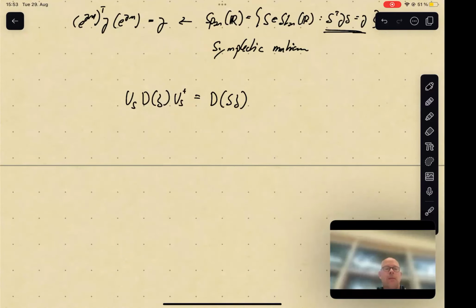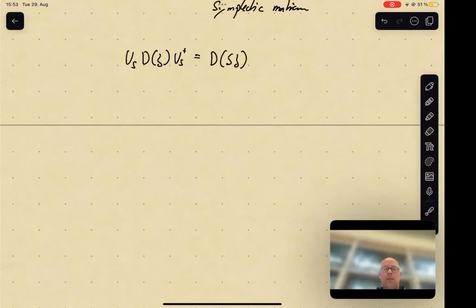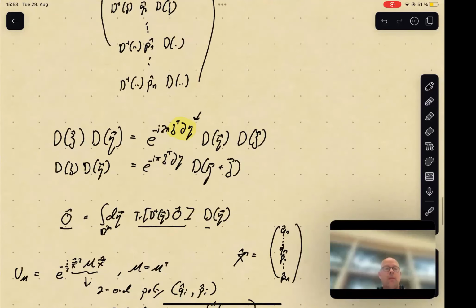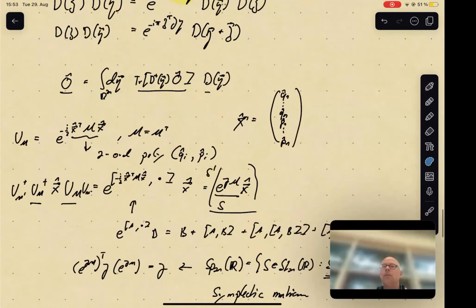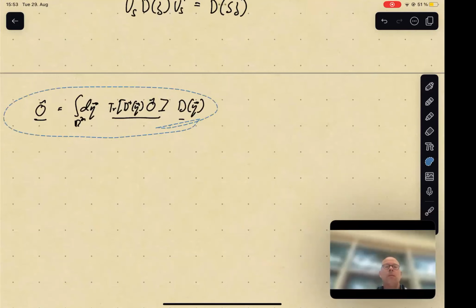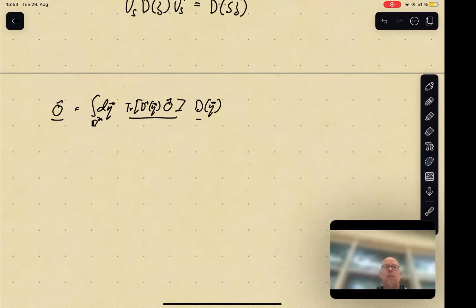One thing that you will stumble into very often is what people call the Wigner function. Earlier we saw that we can write all operators as some complex function.